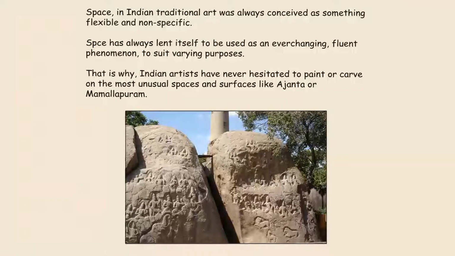That is why Indian artists have never hesitated to paint or carve on the most unusual spaces and surfaces, like Ajanta or Mamallapuram. Here you see a particular spot in Mamallapuram where even these bare, open, huge rock surfaces were used happily by the Mamallapuram sculptors to create their artwork.